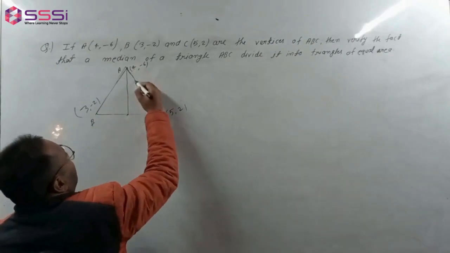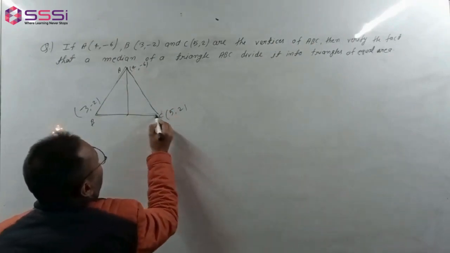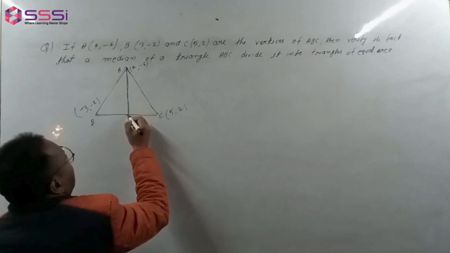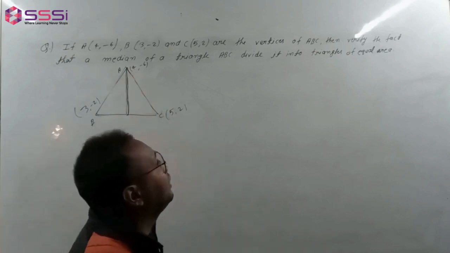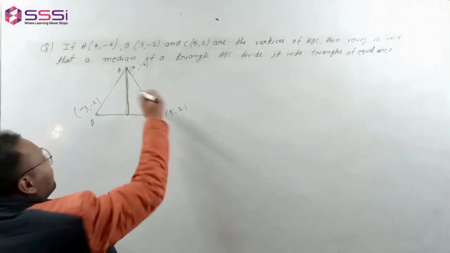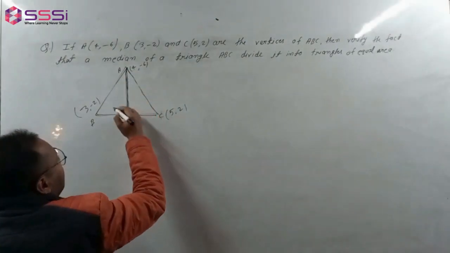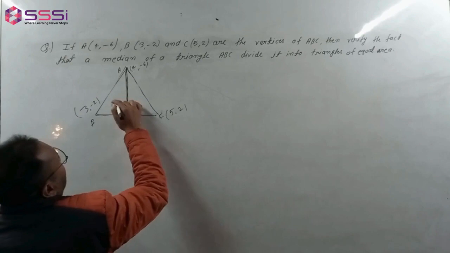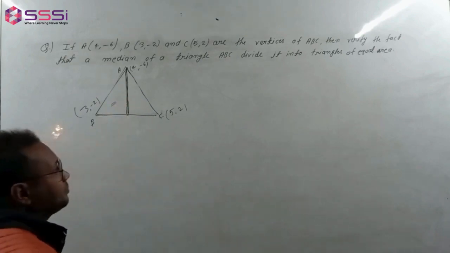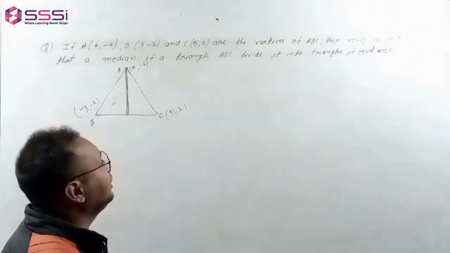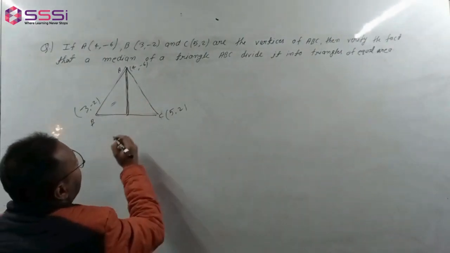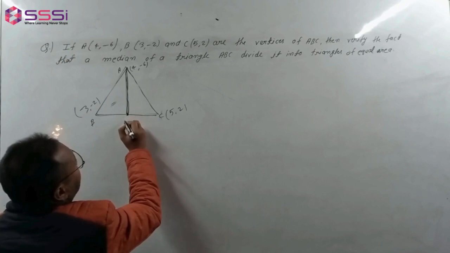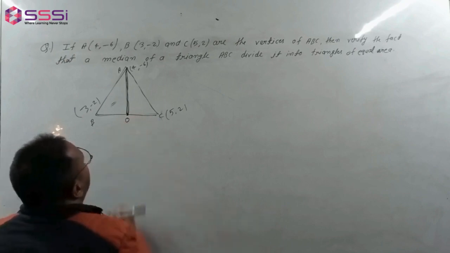This is our triangle, and this is the median. The median divides the triangle into triangles of equal area. Let this point be O.